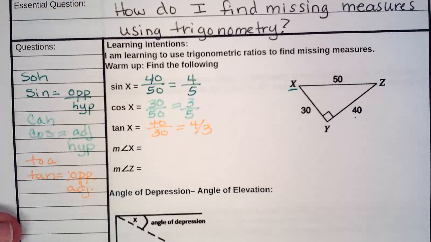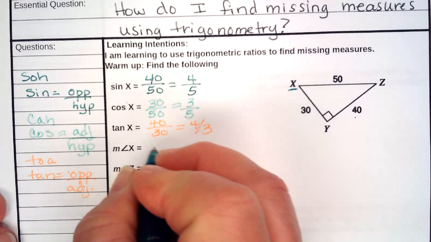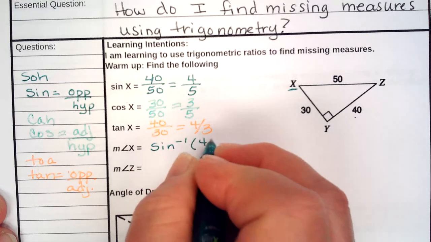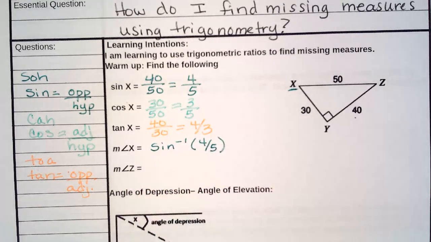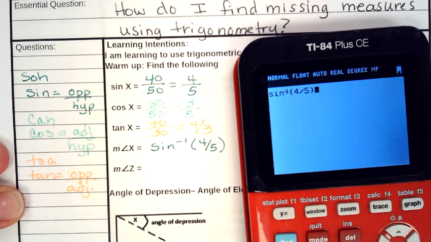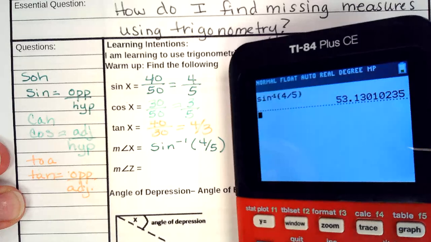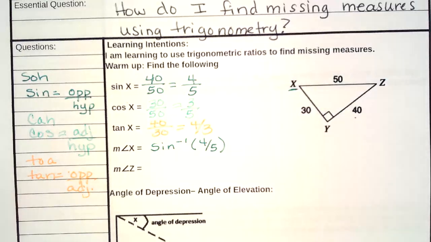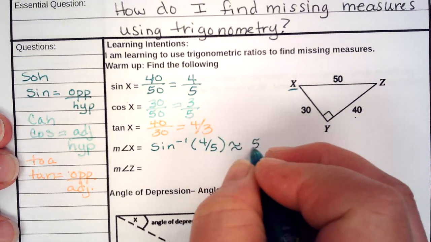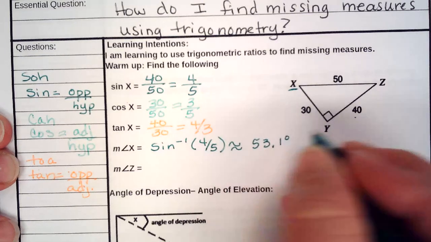Now, how do we find the measure of an angle? We use one of the inverse buttons. So for x, I can do the sine inverse of 4 over 5. Second, sine, 4 divided by 5, close it off, and I've got 53.13. We round to the nearest tenth. 53.1 degrees.